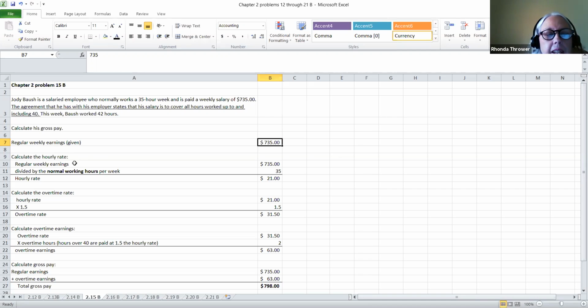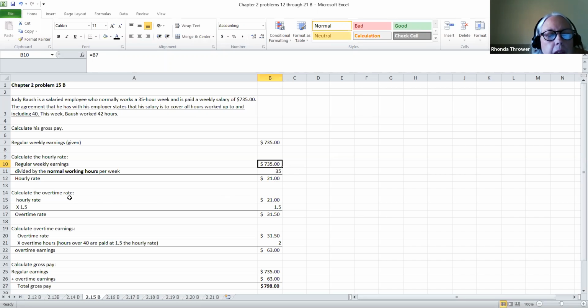So we've got to calculate his hourly rate, which is his regular earnings, which was given, divided by the normal working hours per week. The normal working hours for this employee was 35 hours. That was a given. So if we divide 35 into 735, that gives us the hourly rate.